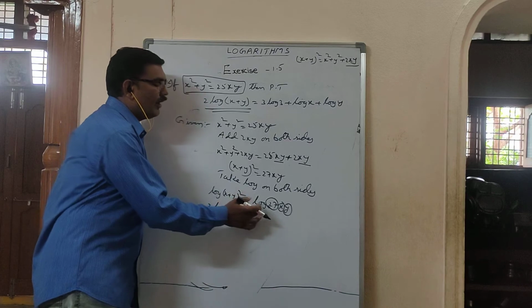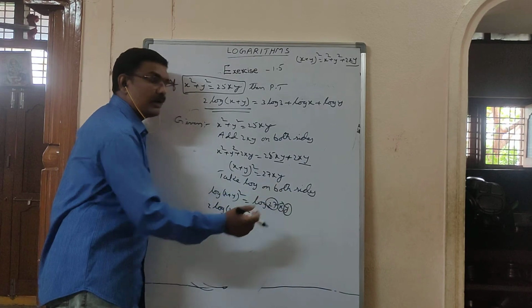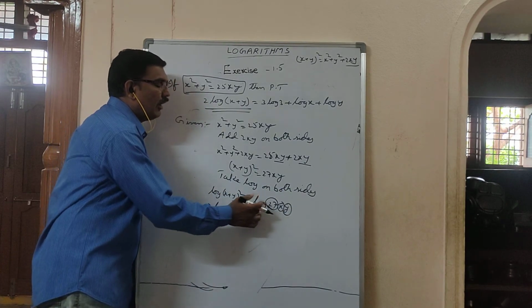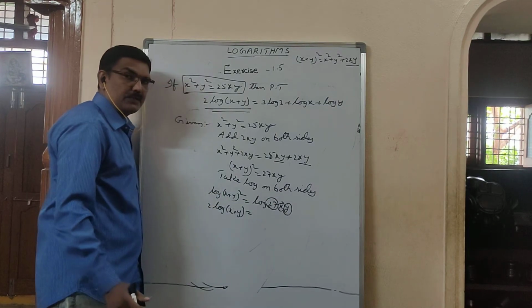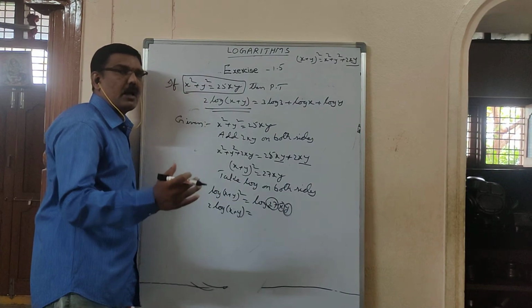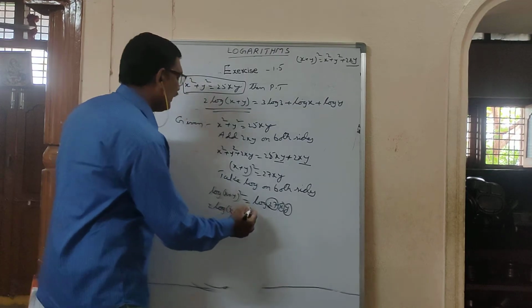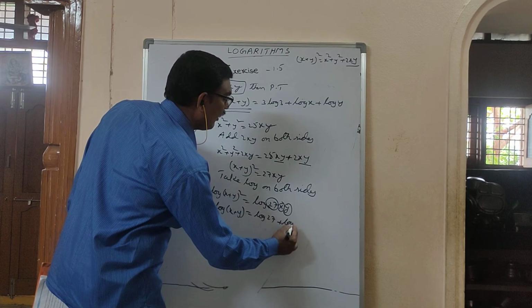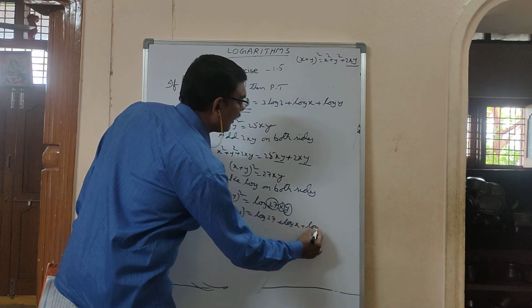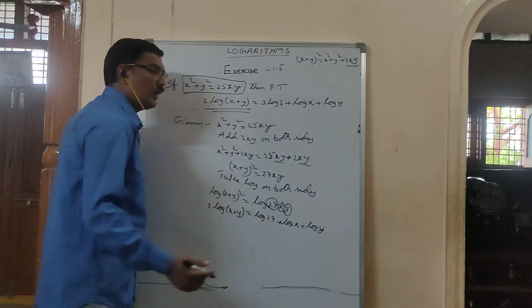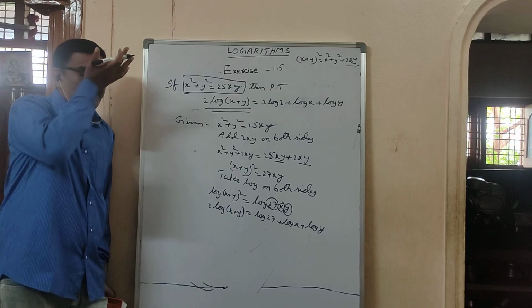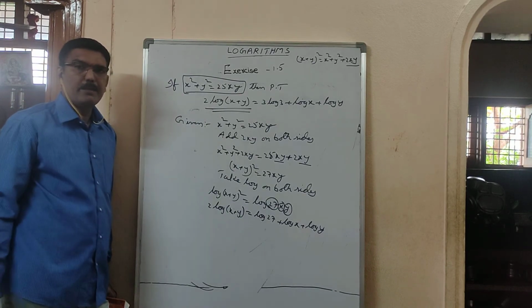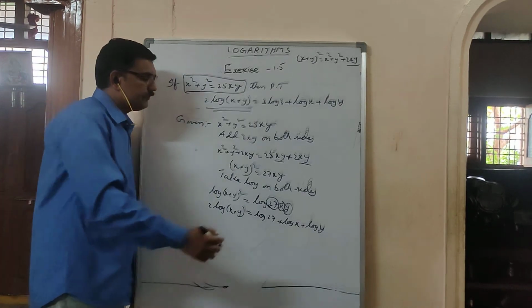We have one formula, log mn is log m plus log n. But here log xyz, three terms are there: log x plus log y plus log z. So you can write log 27 plus log x plus log y. Log abc is equal to log a plus log b plus log c.